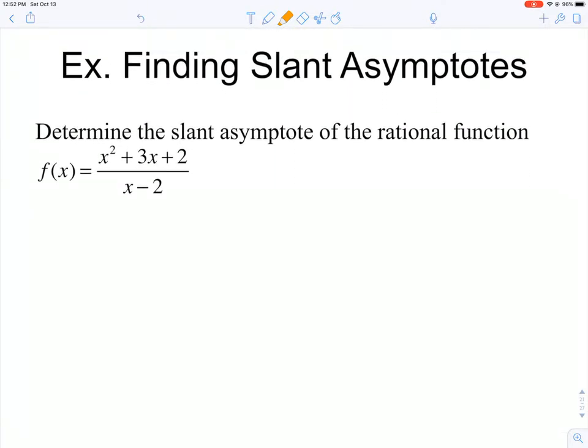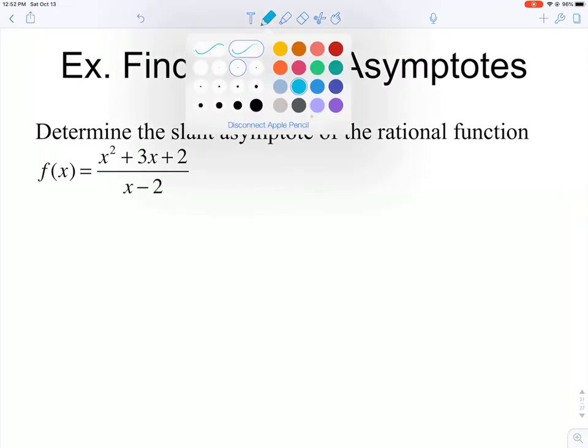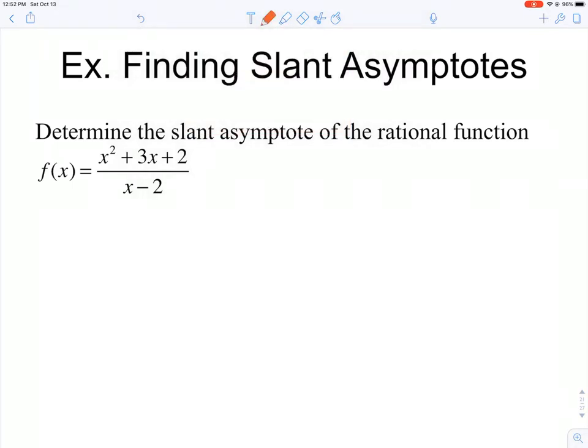Okay, so let's determine the slant asymptote of this rational function. If we didn't know this function had a slant asymptote and we were just asked to find its end behavior asymptotes, we could think about finding our end behavior model. We get y equals x.